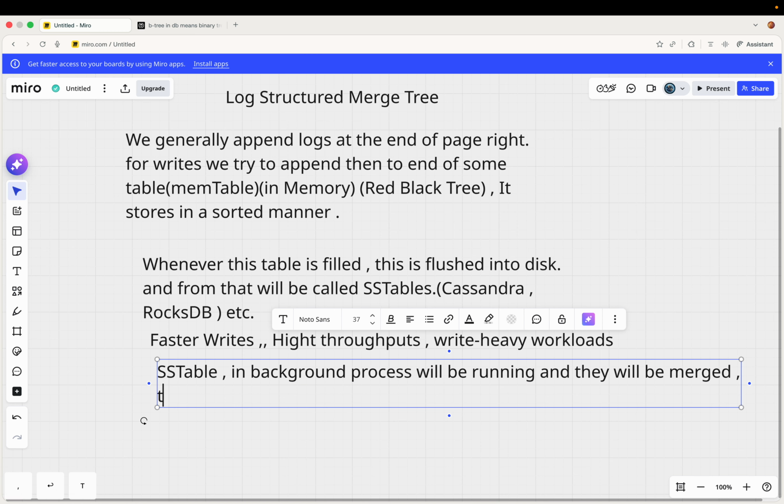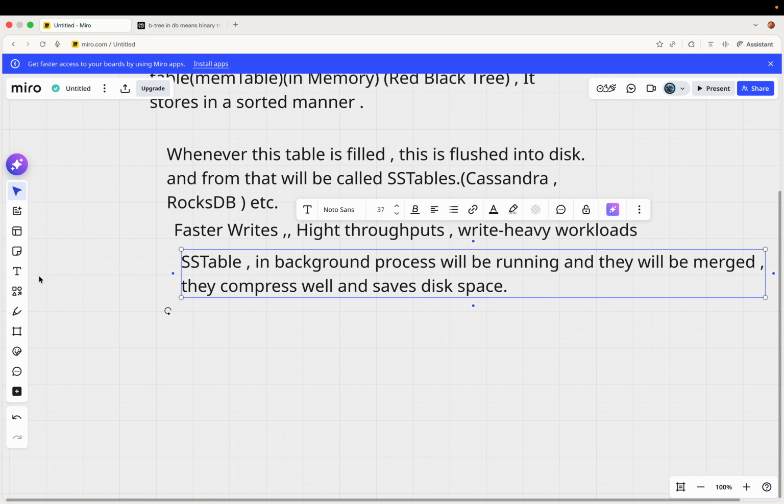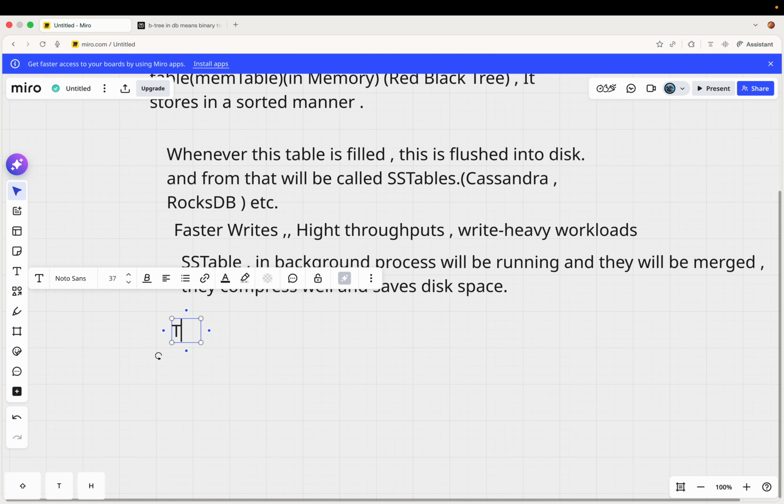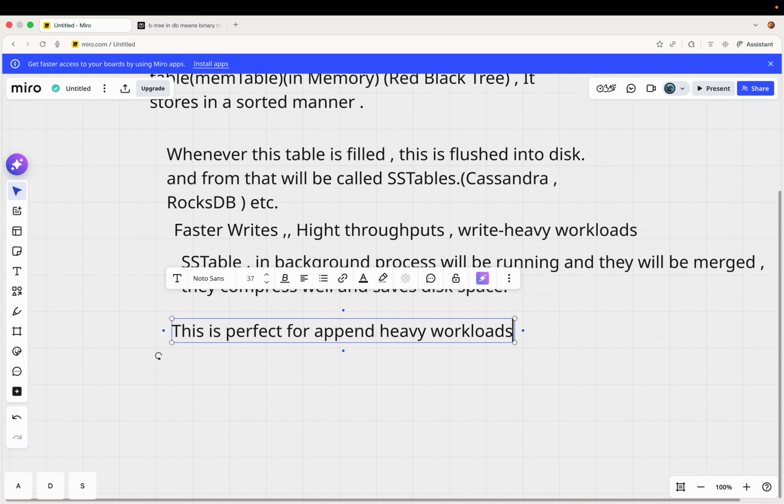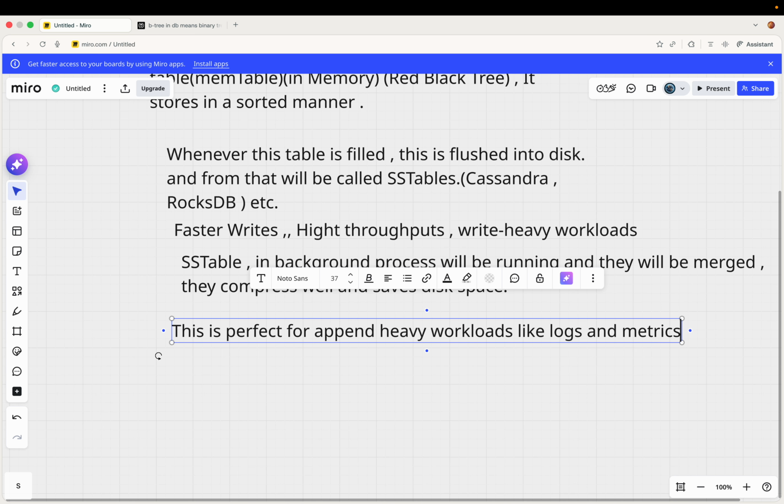They compress well generally and save disk space. This is perfect for append heavy workloads like logs and metrics.